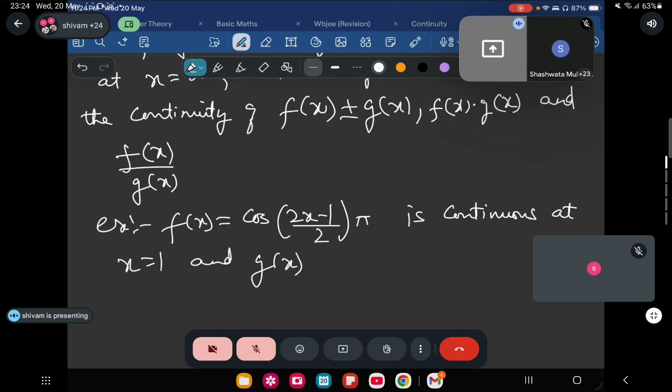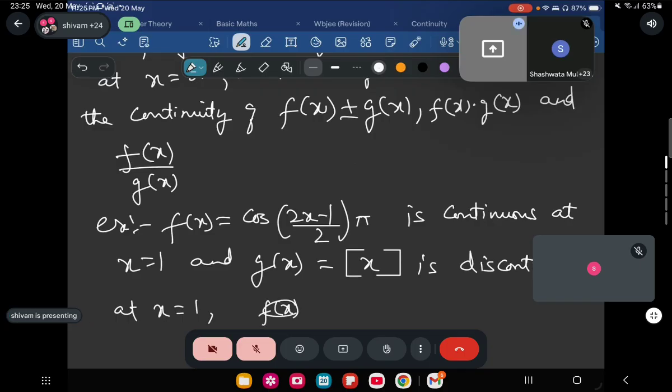And g of x equal to box of x is discontinuous at x equal to 1. Can anyone tell me whether f of x into g of x is continuous or discontinuous at x equal to 1? Raise your hand.